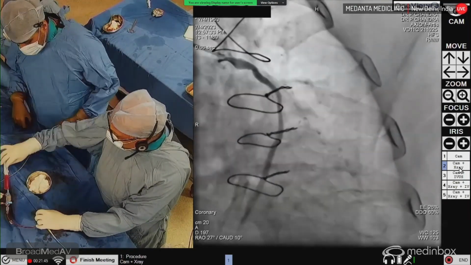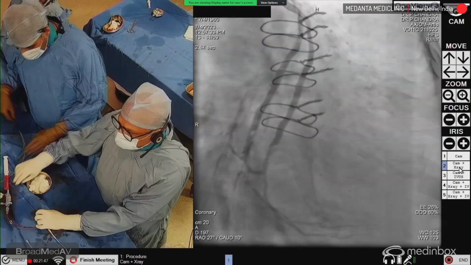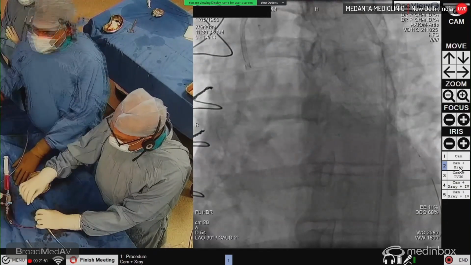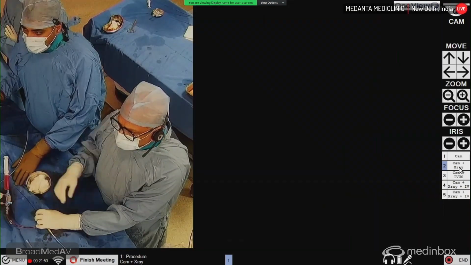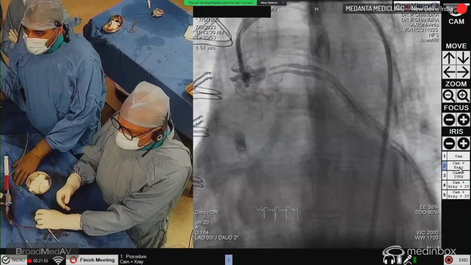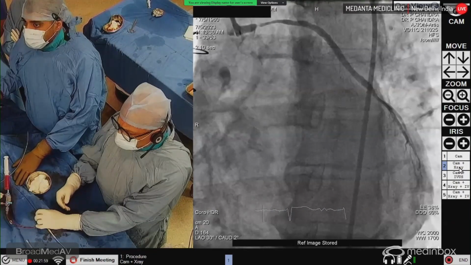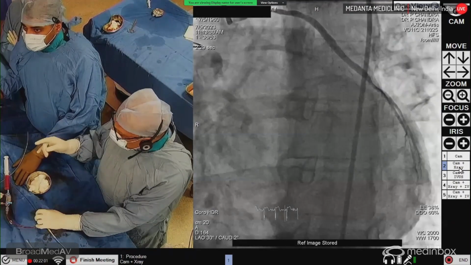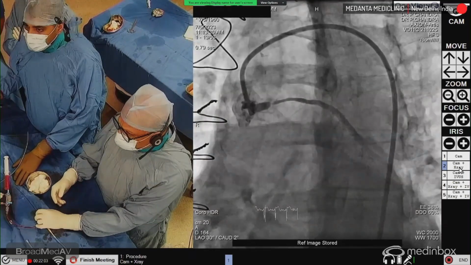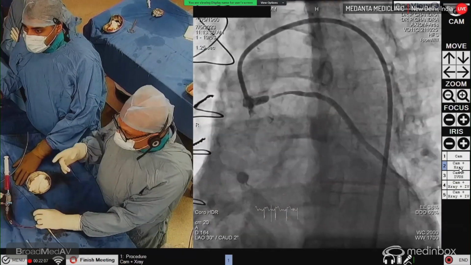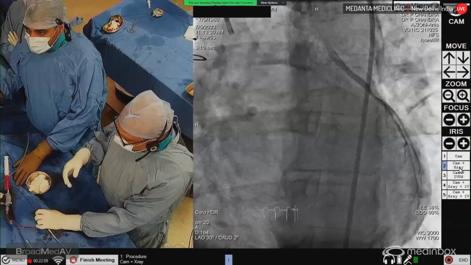The first thing is to treat the culprit lesion first, the one which we have taken a shot of, as you can see. Show the first shot, please. You can see that it's a very tight lesion, and it will be extremely difficult to put a distal protection device through this tight stenosis. So first we'll have to treat this by some method, like either a balloon dilatation or a laser.